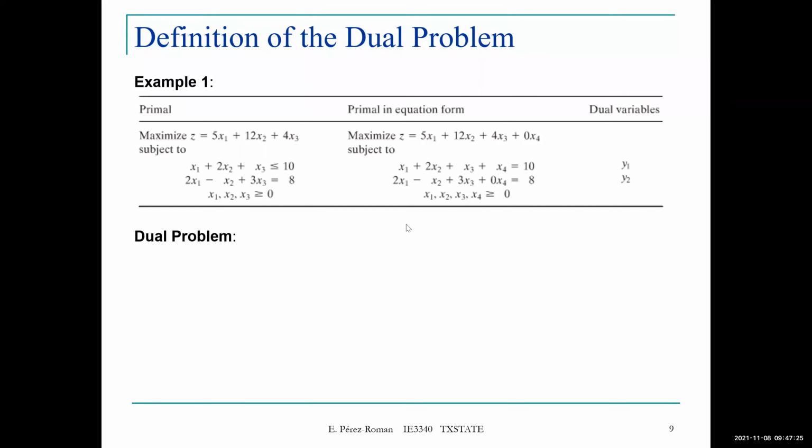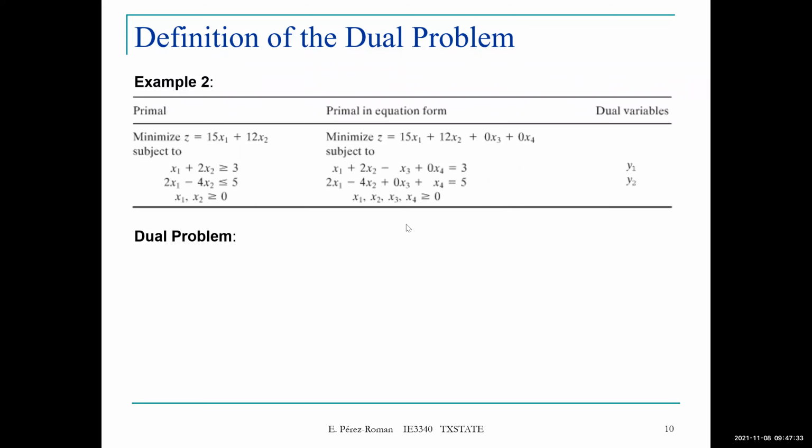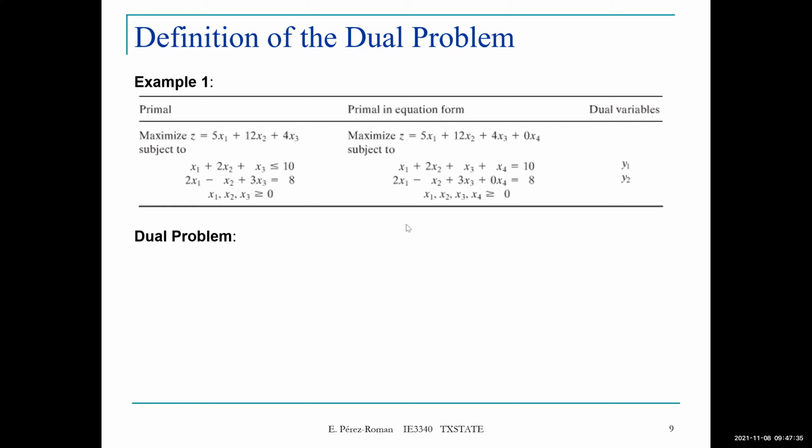As we saw in the steps of building the dual, the first thing we're going to do is assign a dual variable to each constraint. The dual variables are going to be y's.